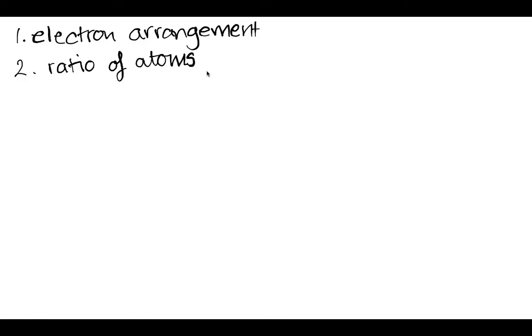Okay, let's do one more just for good measure. Let's do something slightly more complicated than anything that we've done so far. I am talking about something called nitrogen fluoride.